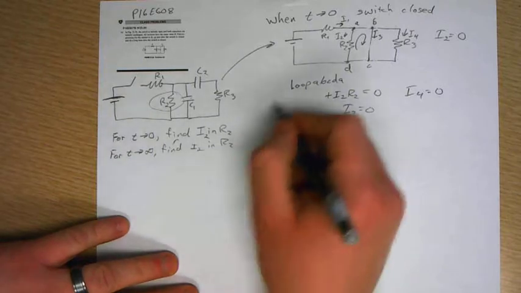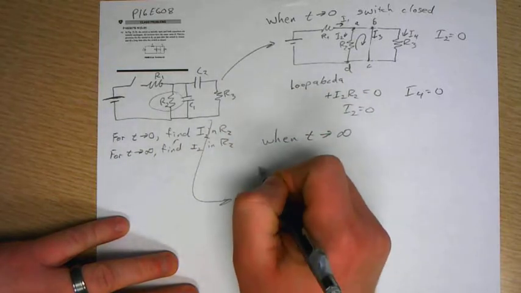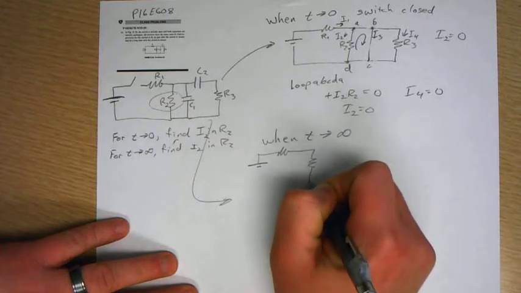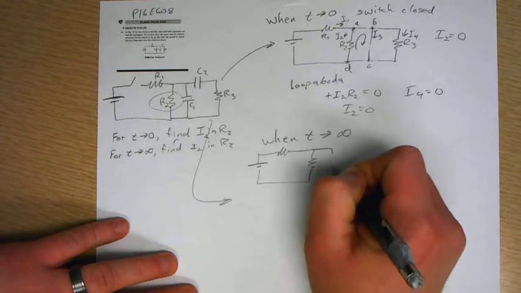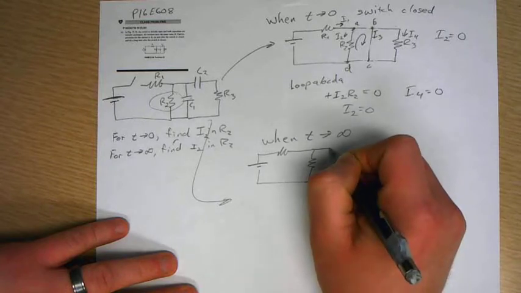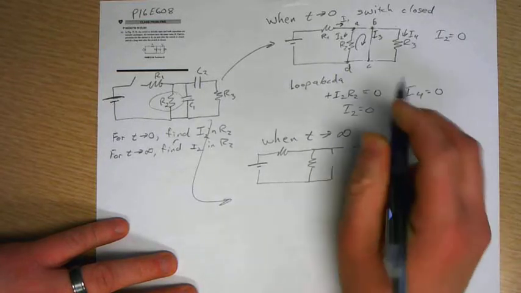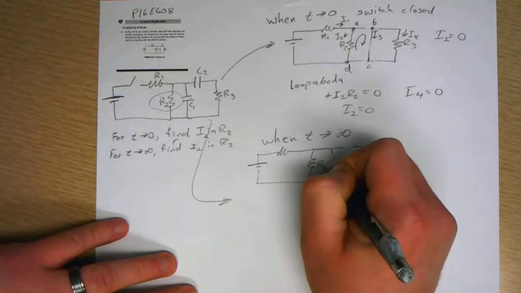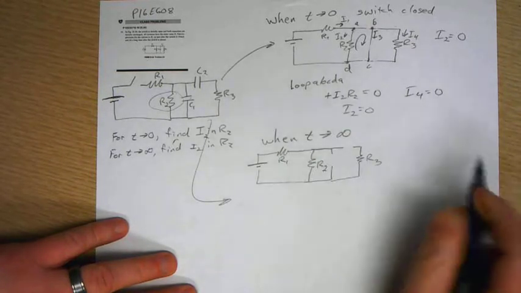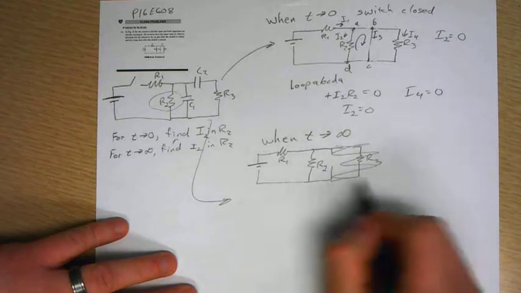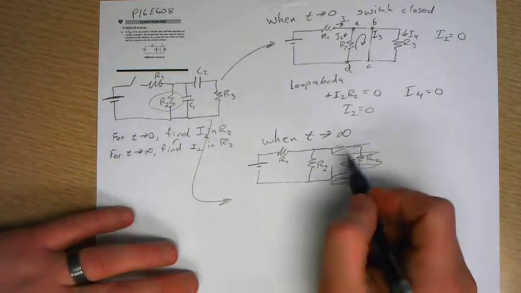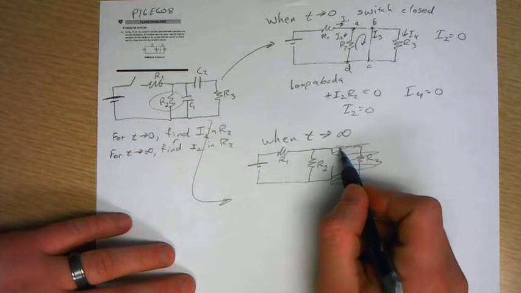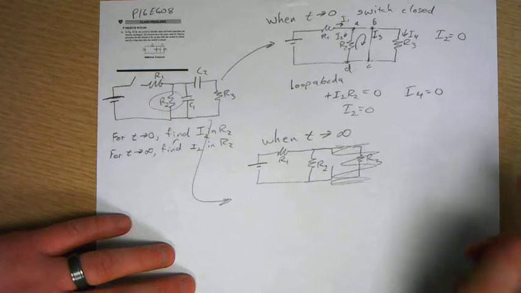So the circuit then would look like, and now we have another break here, R3, R2, R1. So you can basically ignore this whole part of the circuit because it's broken. There's no connection between this side and that side, or that side and that side. So we've sealed off R4 now.